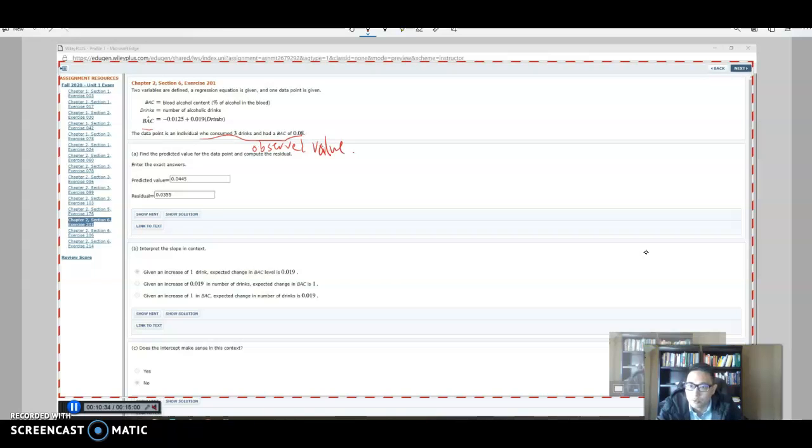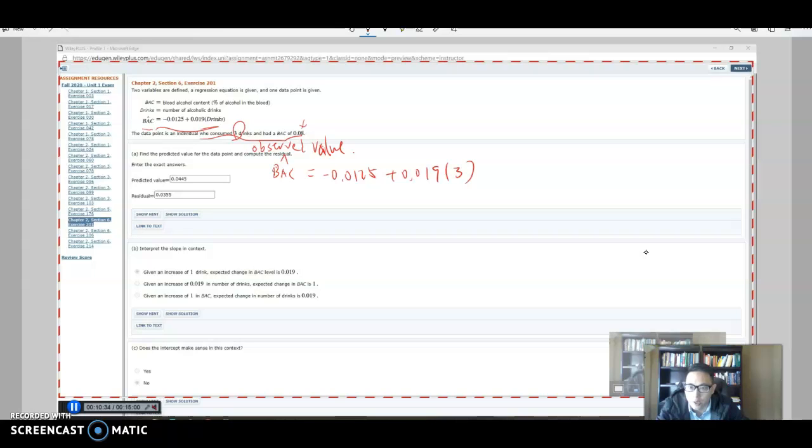It is 3 drinks contains 0.08. So your predicted value for this point, if you drink 3, using this prediction function or regression, will be BAC equal to negative 0.0125 plus 0.019 multiplied by 3.